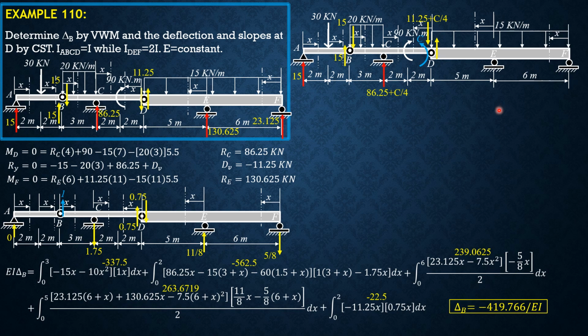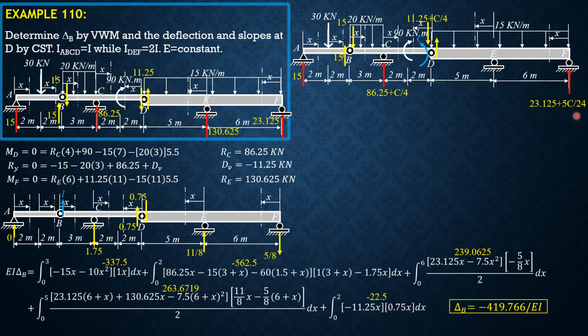So summation moment F considering DEF, reaction at E times 6 equals C over 4 times 11. So the reaction here would be 130.625 plus something.